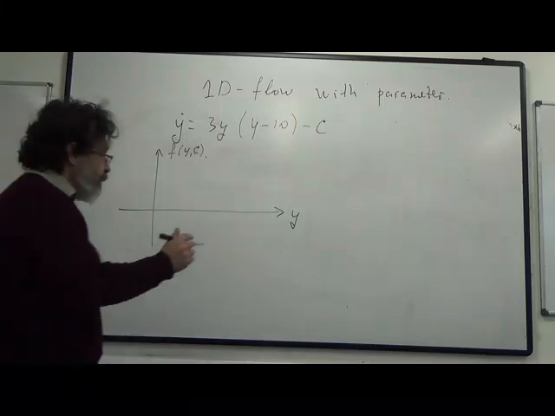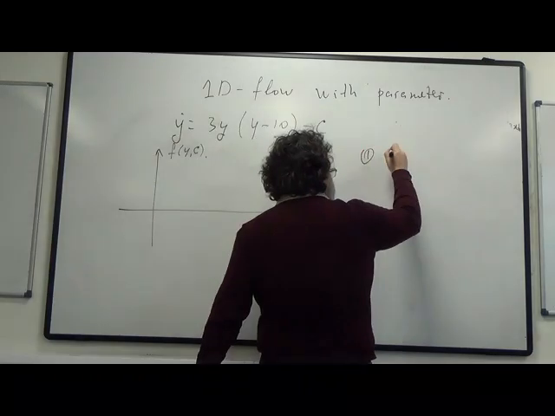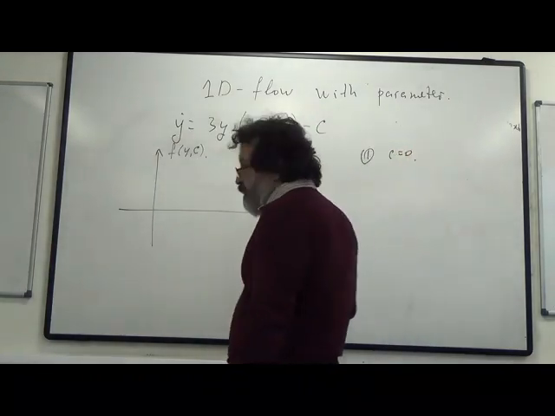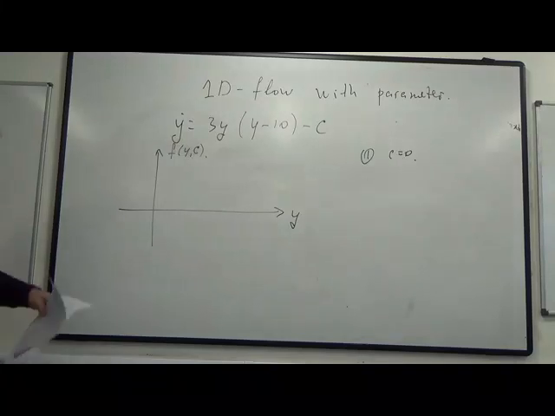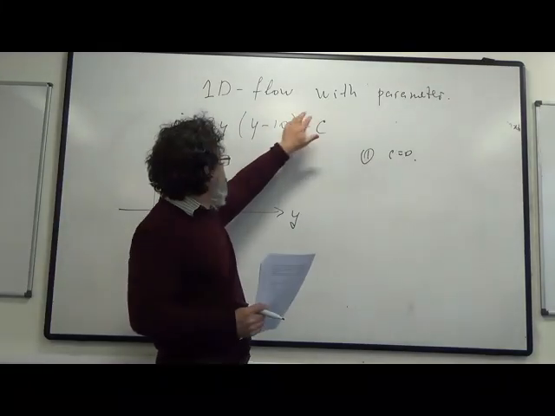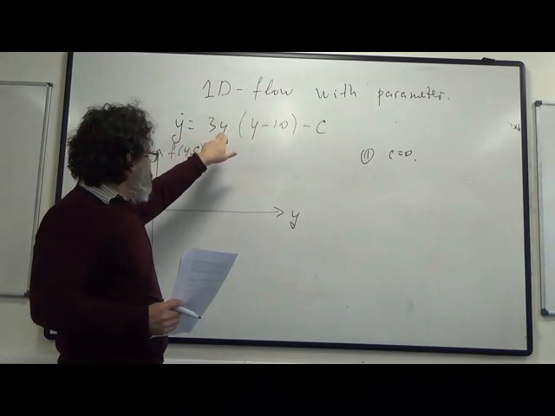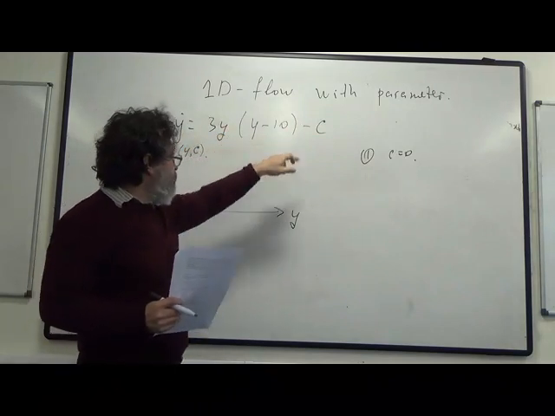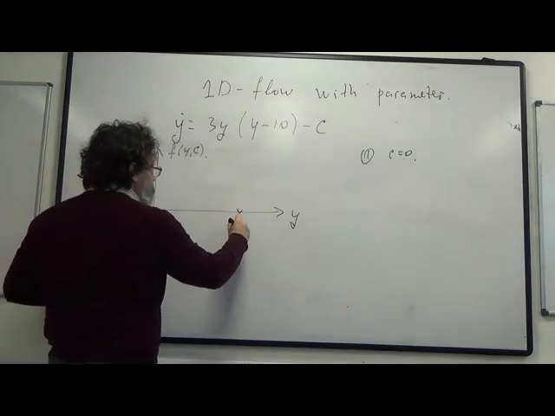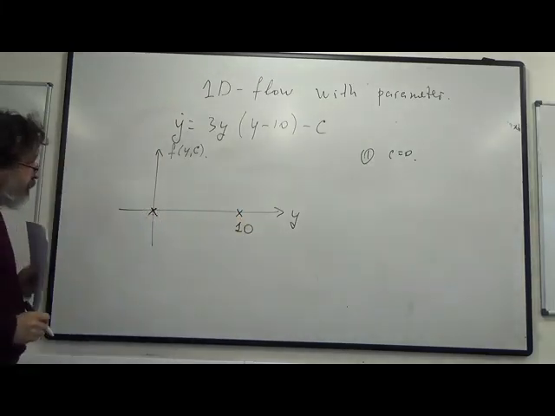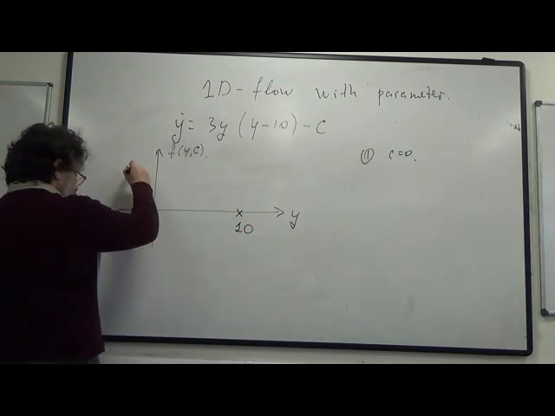Let's first consider the case c equal to 0. If c equals 0, we can plot it straight away. Then we have two roots, since c is 0 and disappears. So this function is 0 when y is 0 and y is 10. Here and here are two roots, and it is concave, something like this.